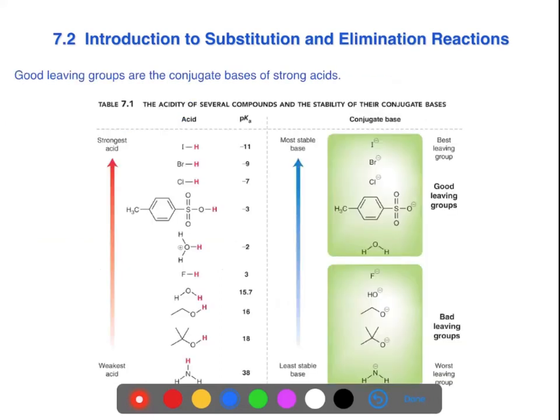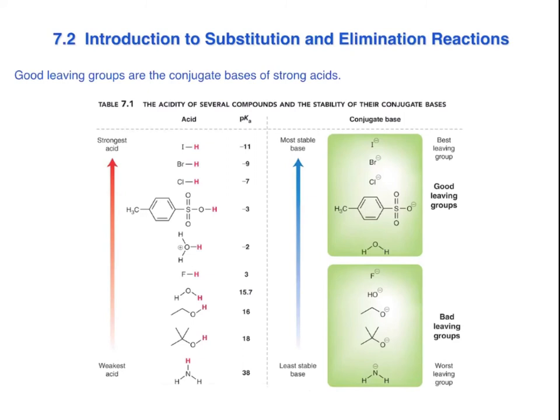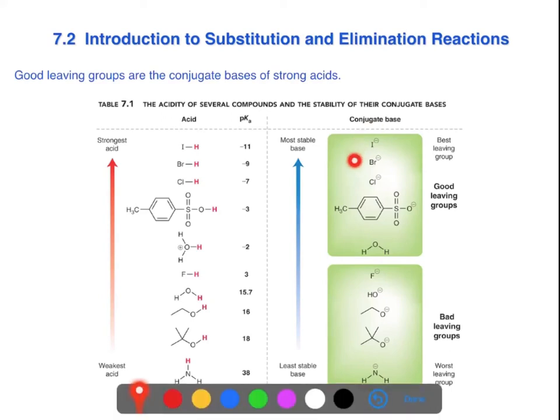Shown here in table 7.1 is a list of really good leaving groups. As you can see, the best leaving groups are the conjugate bases of the strongest acids. In particular, our halides are very good. So our iodide, bromide, chloride, these are excellent leaving groups. And so this is why the alkyl halides can act as good substrates for these types of substitution and elimination reactions.